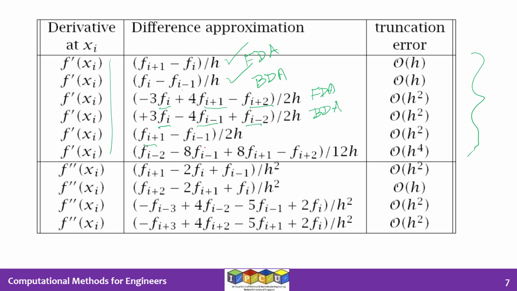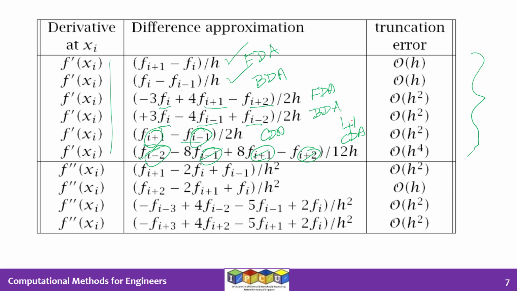This one is central because it looks at i plus 1 and i minus 1. So this is a CDA. What about the last one? You don't see i there. You see i plus 1 and i plus 2. You see i minus 1 and i minus 2. So this one is also a central difference approximation. It is a 4-point approximation because 1 term, 2 terms, 3 terms, 4 terms.